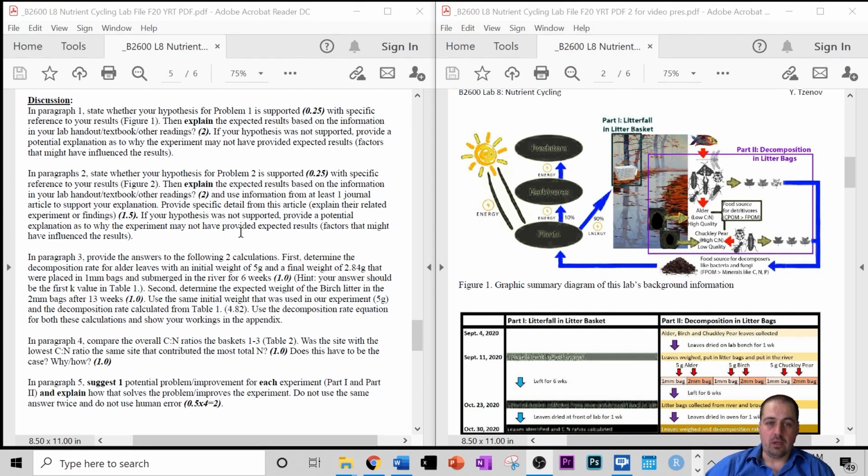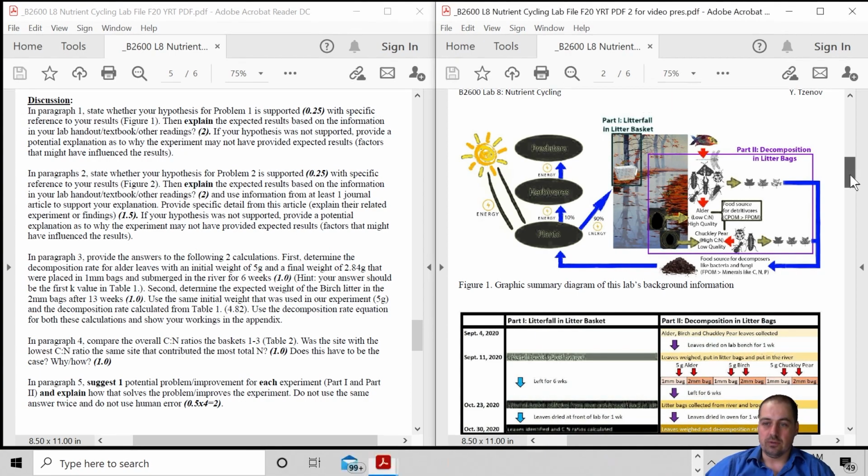The other thing is, for this one, you're actually going to find an article that supports your results. So something in the literature that actually backs up your hypotheses and your results.